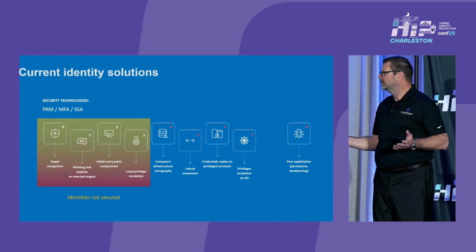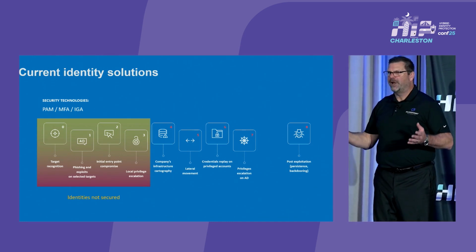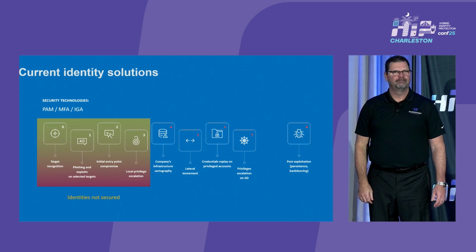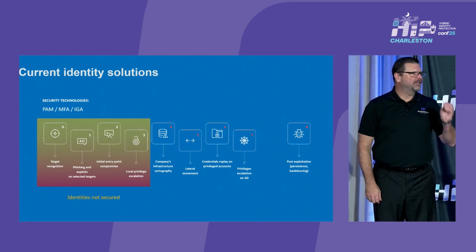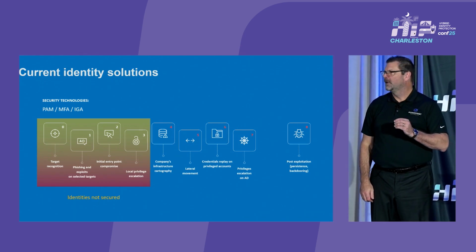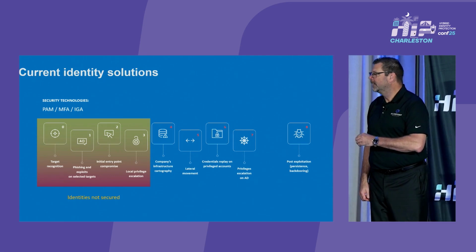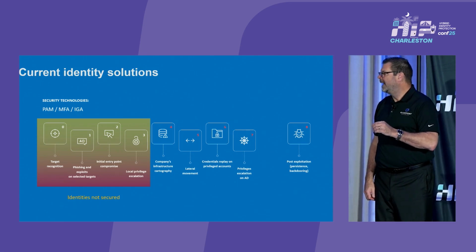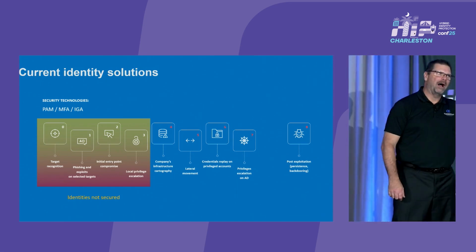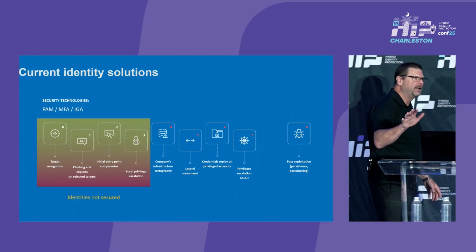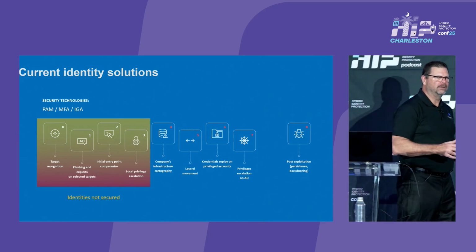Which means what? We know every way to secure it. We know exactly how to secure Active Directory. But what I'm seeing is we're not doing that. And it's not even saying, I know about that and I'm taking the risk. It's, I didn't know about that.